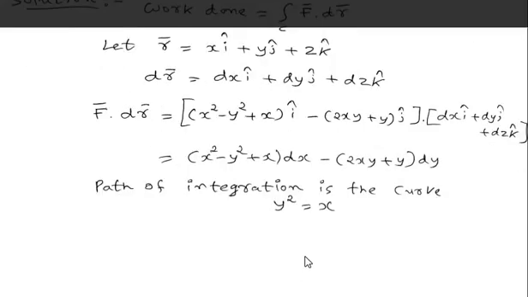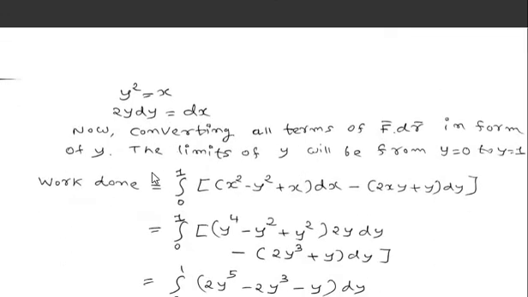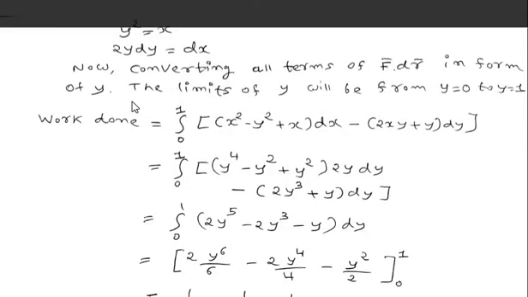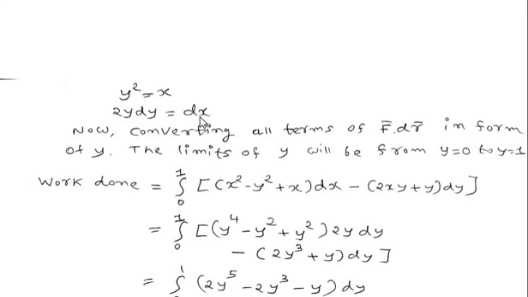Now we have been given the path of integration, that is y square equals x. Now write it in differential form. So the derivative of y square is 2y dy, which equals the derivative of x, that is dx. Now we have to convert all terms of f bar dot dr bar into the form of y, right?